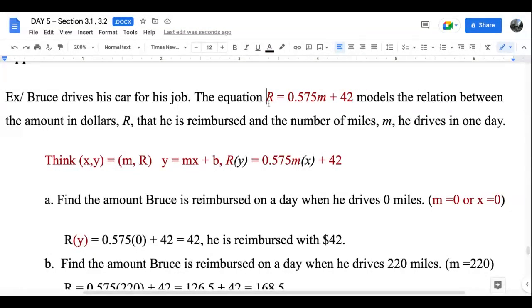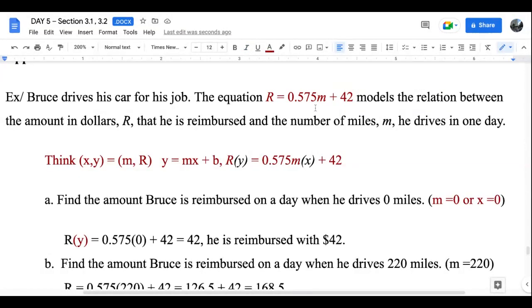For each mile he drives, he gets 0.575, and then this whole thing plus 42.